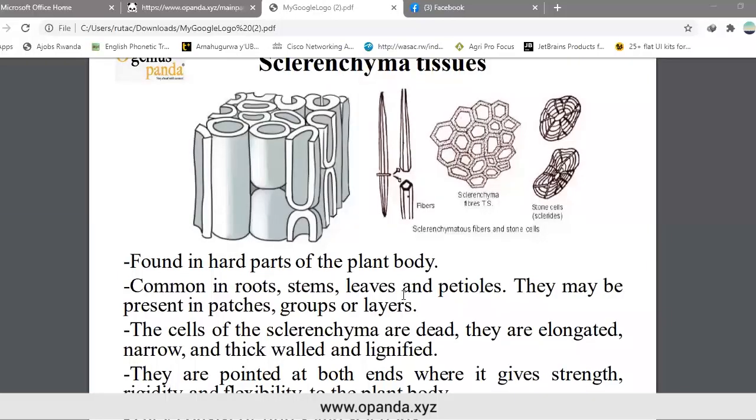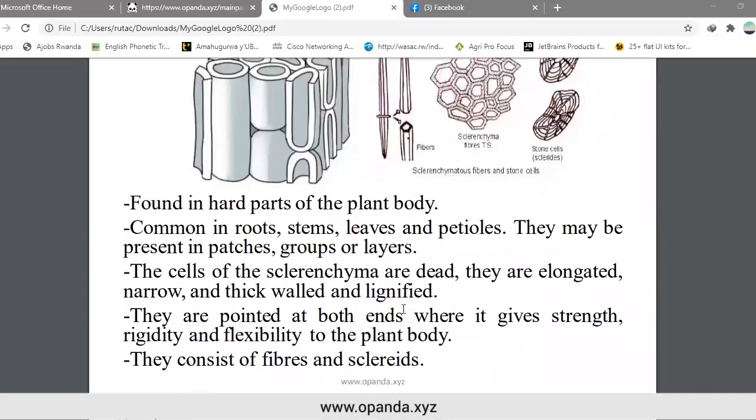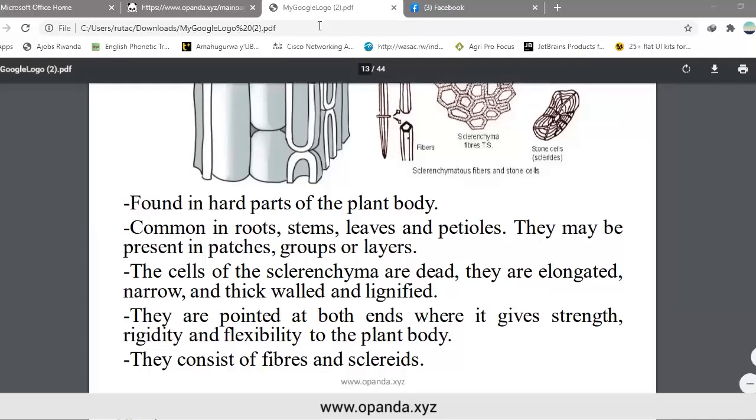The cells of the sclerenchyma are dead. They are elongated, narrow, and thick-walled. They are pointed at both ends, which gives strength, rigidity, and flexibility to the plant body. It consists of fibers and sclereids.